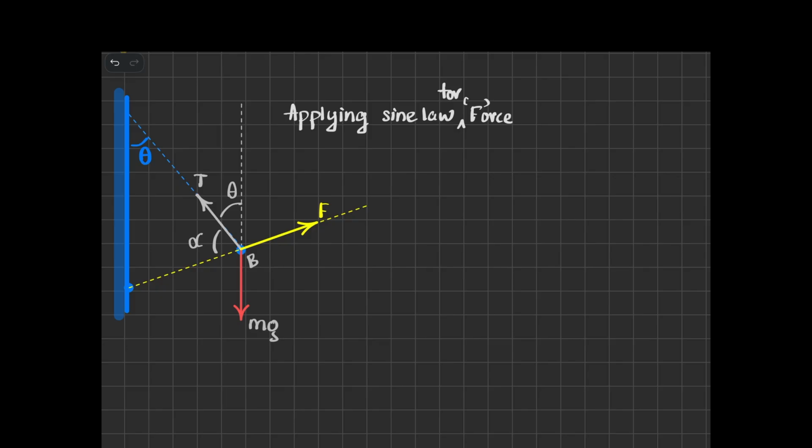So in this case, if we are applying sine law for force, the equation says, let's say we start with the force F. So F by sine of the angle between the other two forces. Look here, this is the force F, so we have to consider this angle.